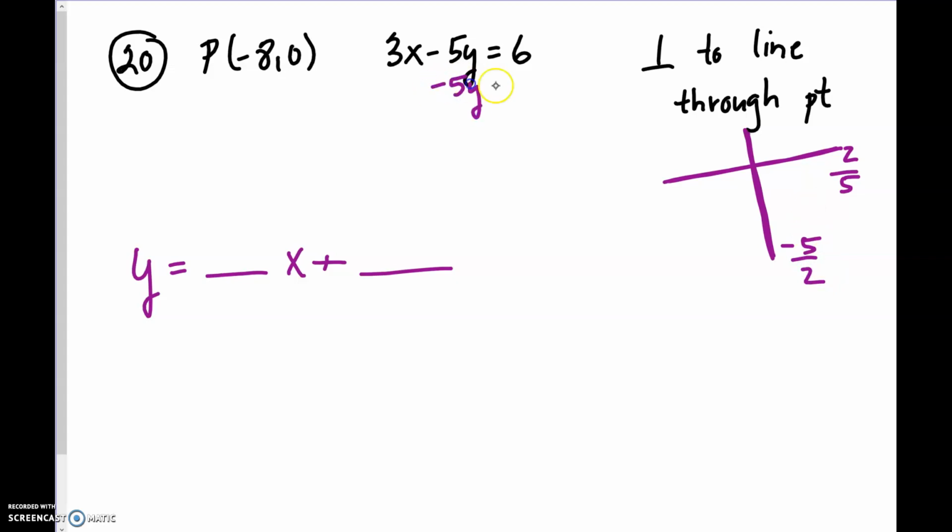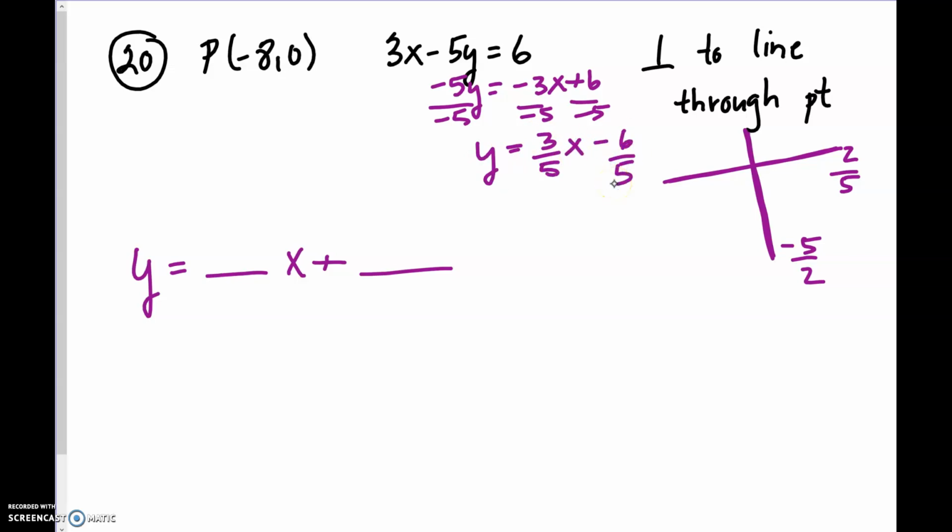I'm going to subtract 3x from both sides. Then I'm going to divide everything by -5. So y equals 3/5 x minus 6/5.